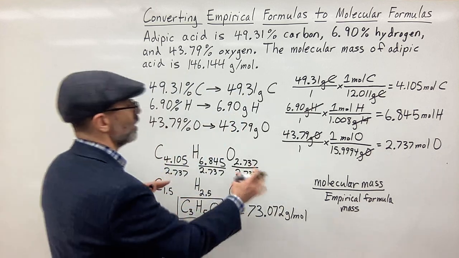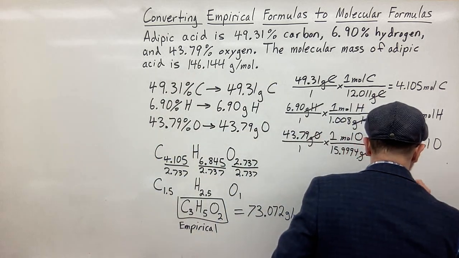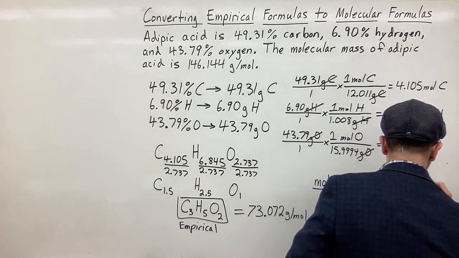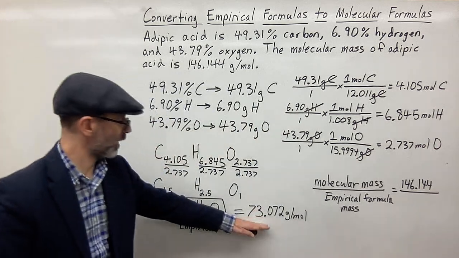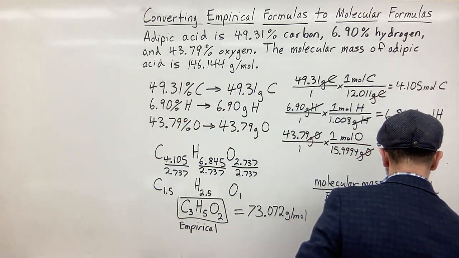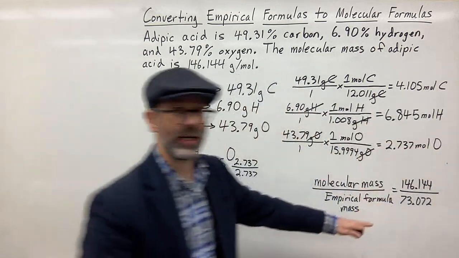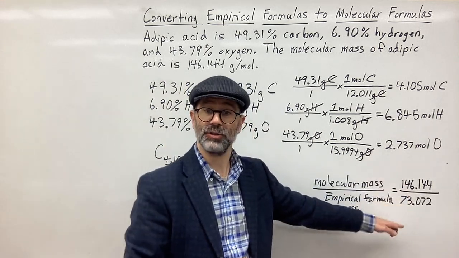So we take the molecular mass, 146. So, 146.144. And we're going to divide that by the empirical formula mass. That's 73.072. And you can already see it's about a factor of 2.